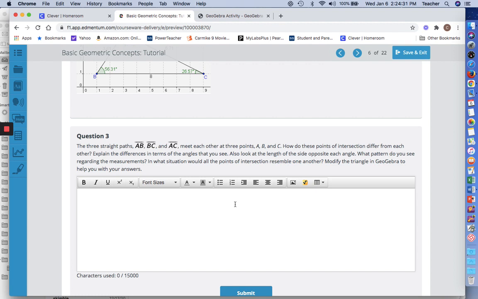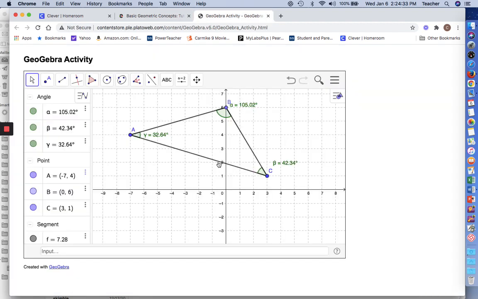Well, first off, if I go to what mine looks like, mine is what we call a scalene triangle. None of the angles were the same. None of the sides have the same length. So mine is a scalene triangle. In fact, it's a scalene obtuse triangle because my biggest angle was 105.02, which is an obtuse angle.